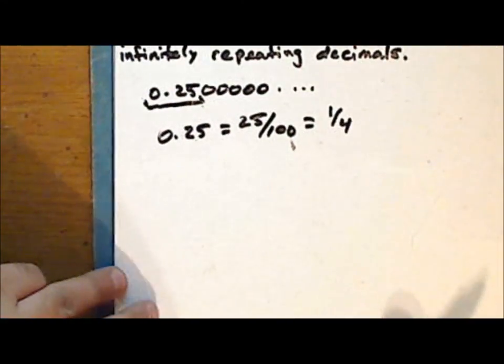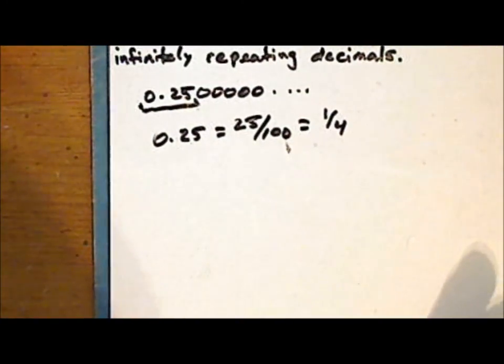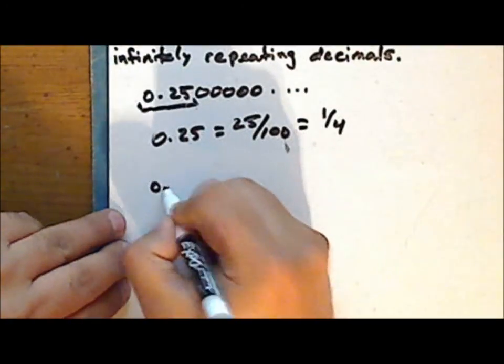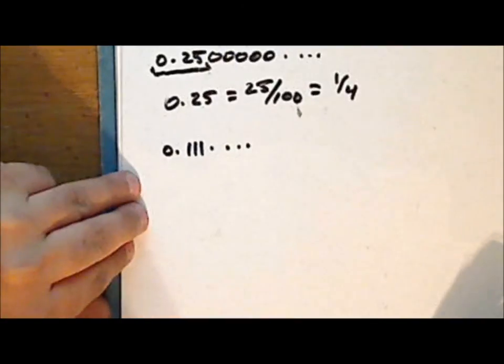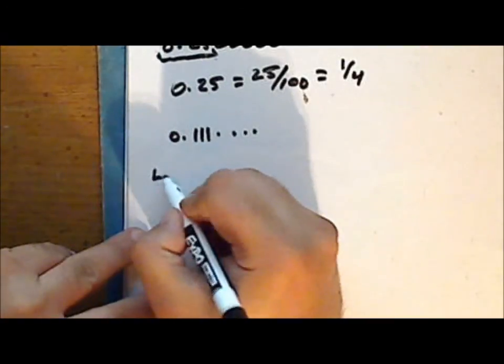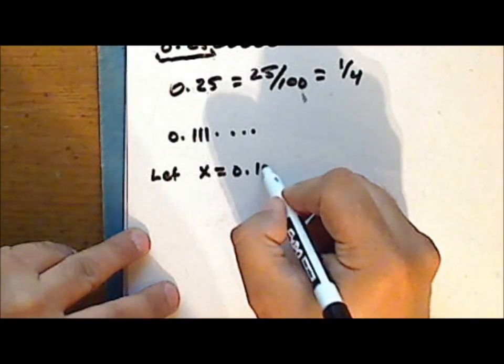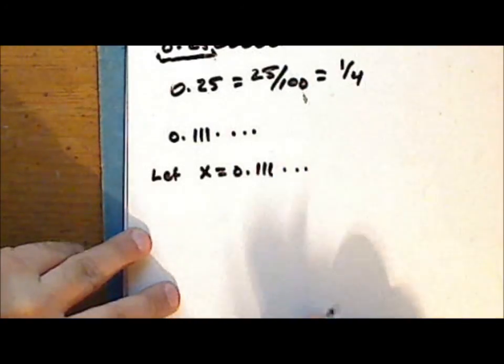Now the other example is an infinitely repeating decimal. So for instance, take the number 0.111 that repeats off into infinity. That is the digit 1 repeating indefinitely. To show that this is a rational number, let the number x be equal to 0.111 and so on.